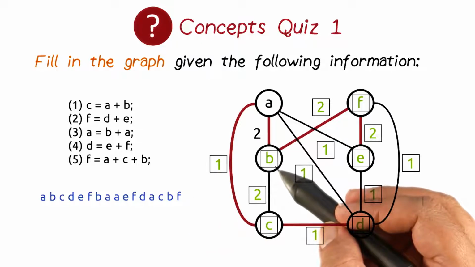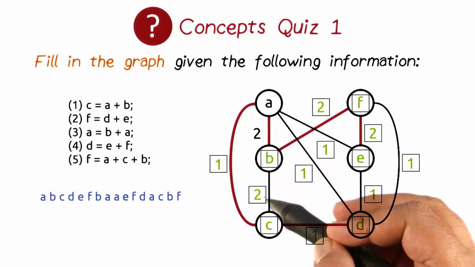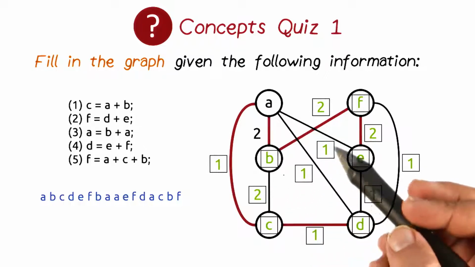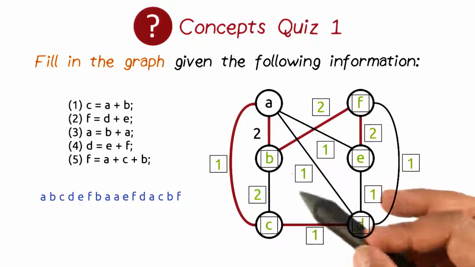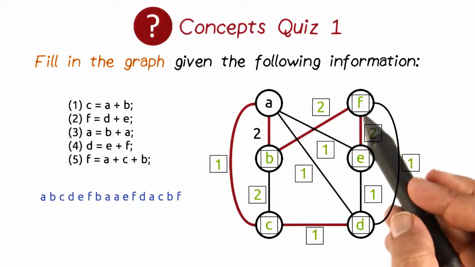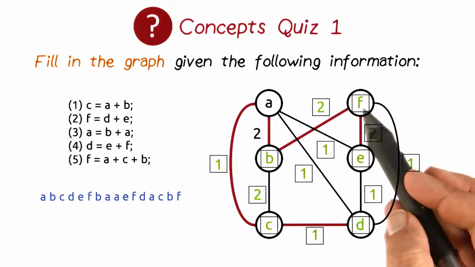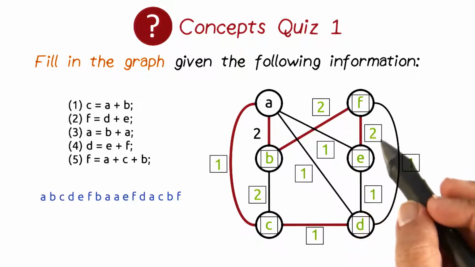The transitions from B to C or C to B, the total number of those are going to be 2, so we label this edge as 2. In a similar way, we'll keep filling in the rest of the access sequence over here. From B, we'll again analyze another node which is going to be next to it, and we'll mark its access frequency there, and that's how we get this whole answer.